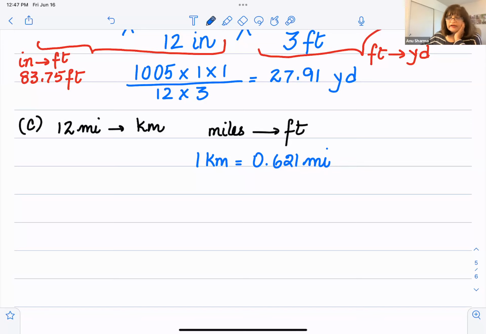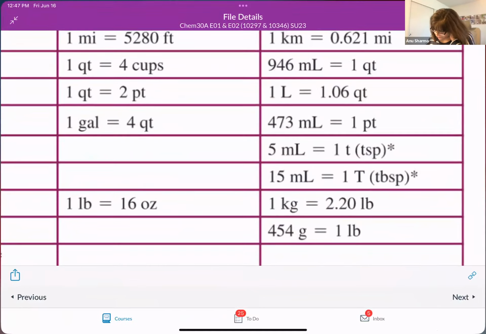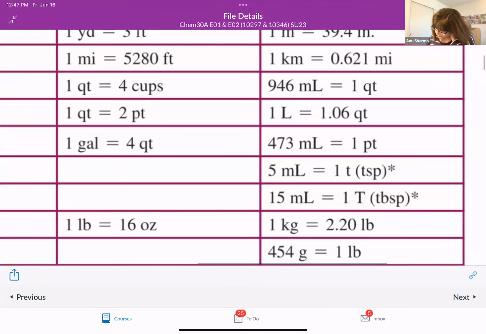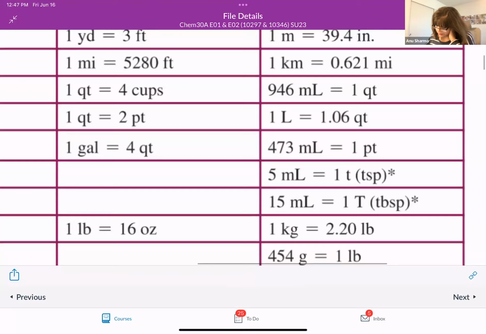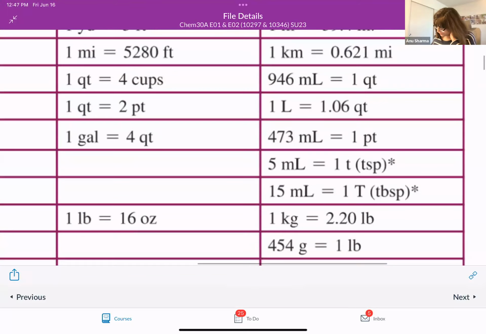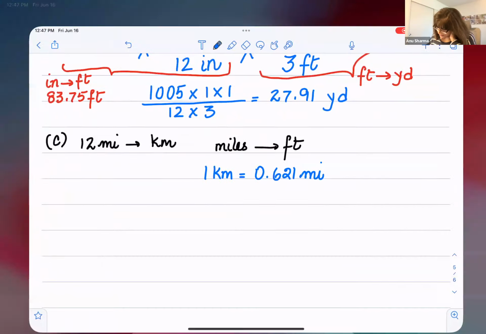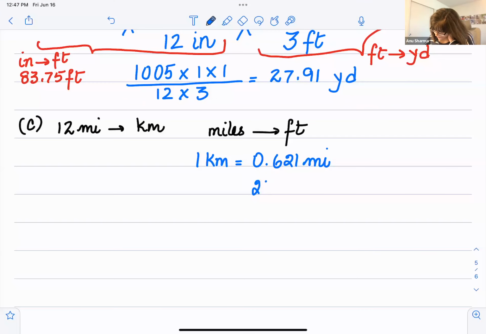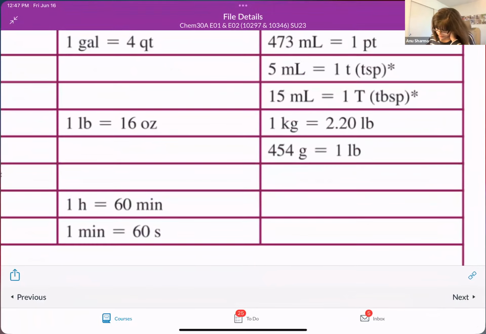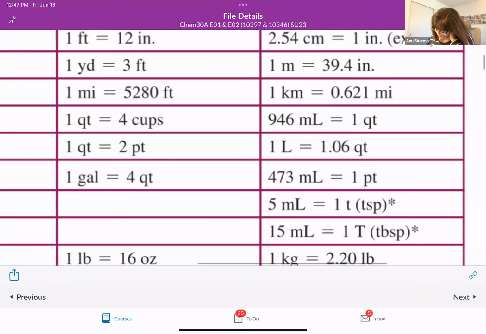And the other one is feet. Miles to feet, wait a minute, 5280 feet, 1 mile.